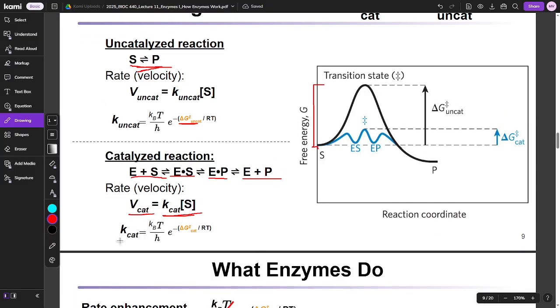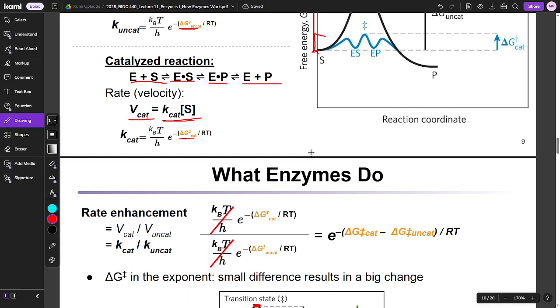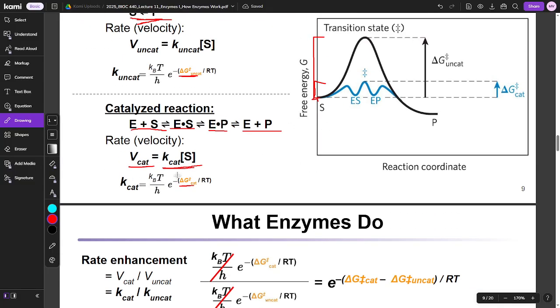And for the k cat, you take this delta G double dagger cat, which is so much smaller from here to here. Significantly smaller. In this case it's about four times smaller. So this number would be way lower, and you'd have the 1 over e to the x, where this x is way lower.